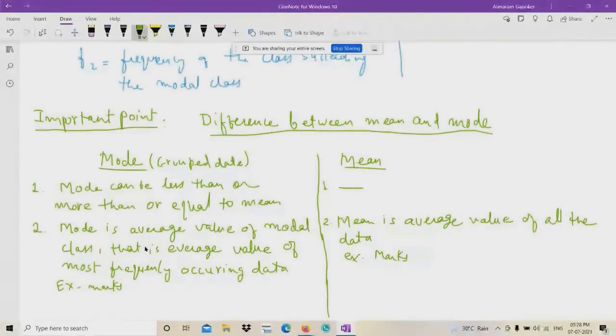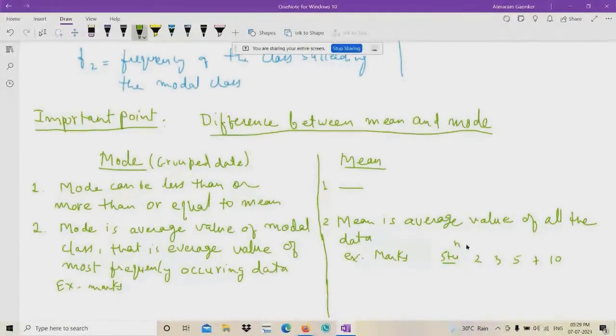The second point, what is mean? Mean is the average value of all the data. Example, marks obtained. There are students who got marks out of 10 as 2, 3, 5, 7, and 10.